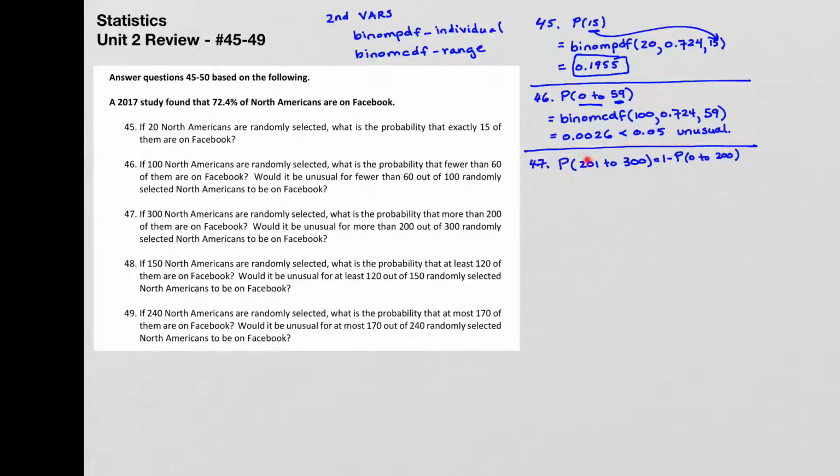No overlap, because 200, 201 don't overlap with each other. So we want to make sure we don't miss any. I don't want to go like 199, and then where are the 200 successes? So we make sure that this group doesn't overlap with this group at all. And we're using 1 minus because it's the complement.